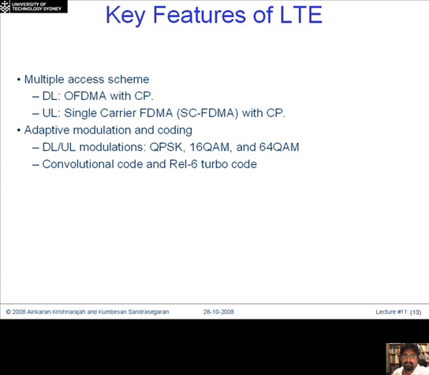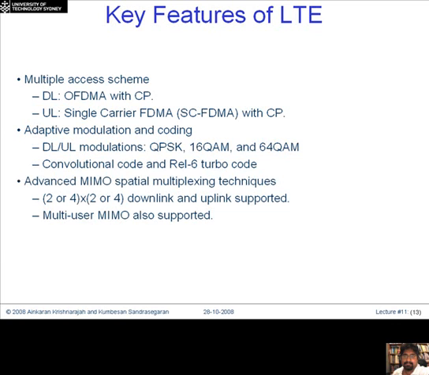There are different modulation schemes that you can use: QPSK, 16 QAM, 64 QAM. When the channel conditions are very good, you would use 64 QAM, and if the channel conditions get bad, you would go down to QPSK. Okay, and then there are also different types of error coding codes, convolutional codes, turbo codes, that can be used depending on the degree of protection that you want.